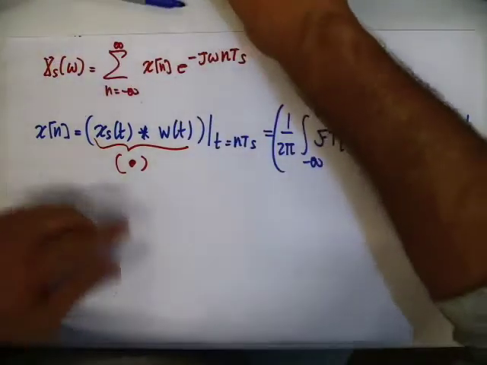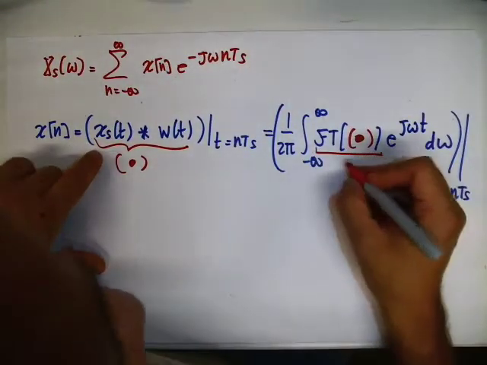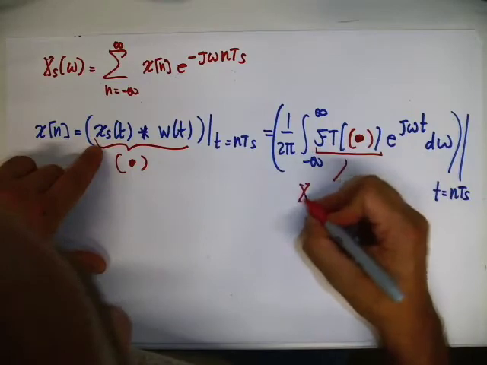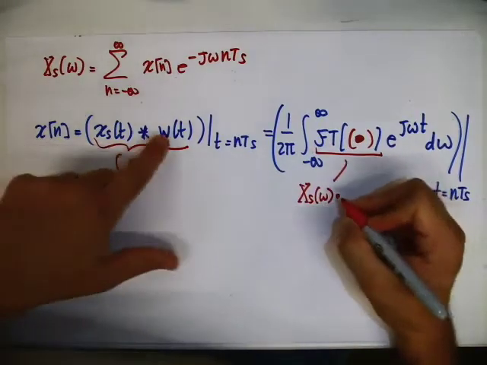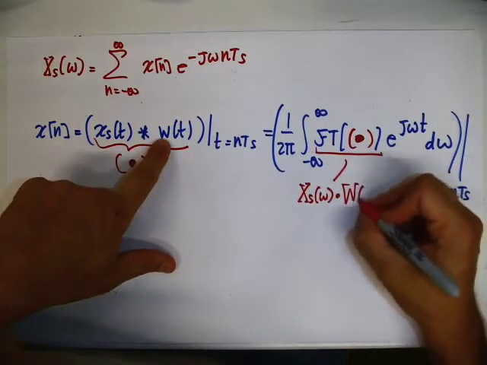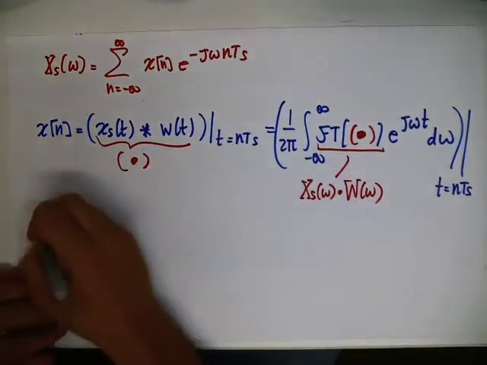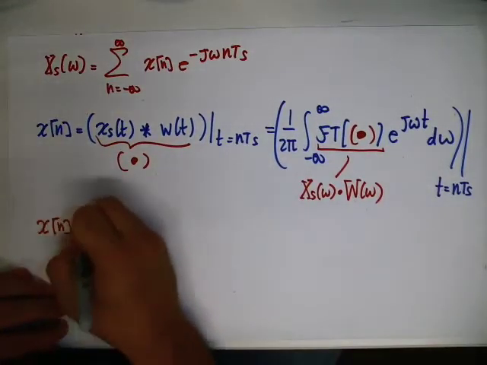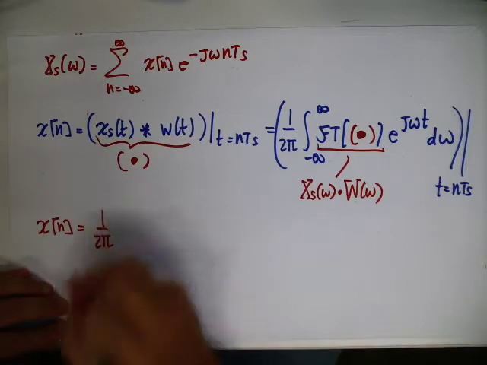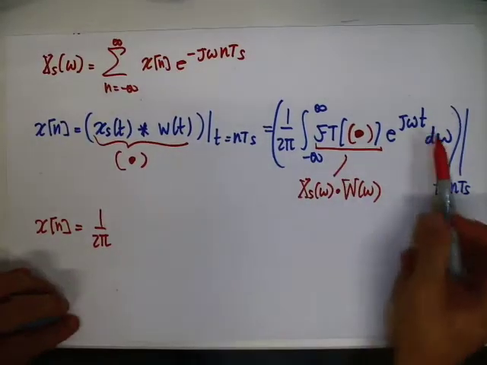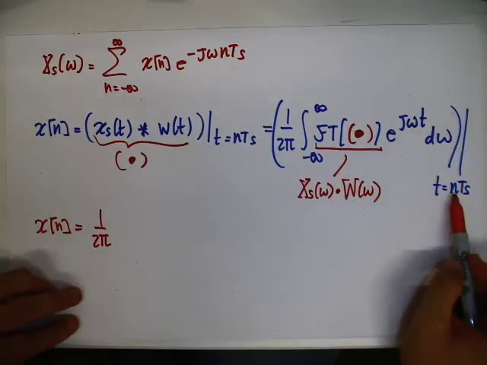Now, the Fourier transform of a convolution, I know what it is, because this is equal to X s of omega times the Fourier transform of the window. So I get the general form: x of n is equal to 1 over 2 pi times this integral, which I have to evaluate at nTs.